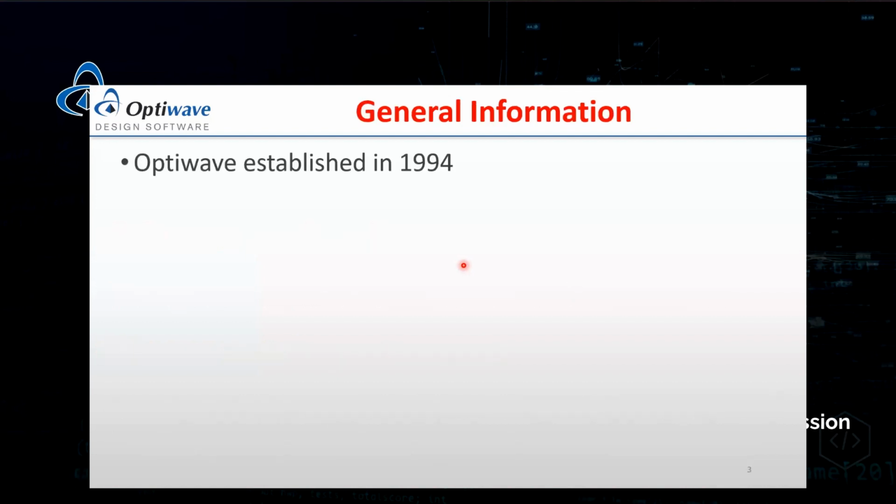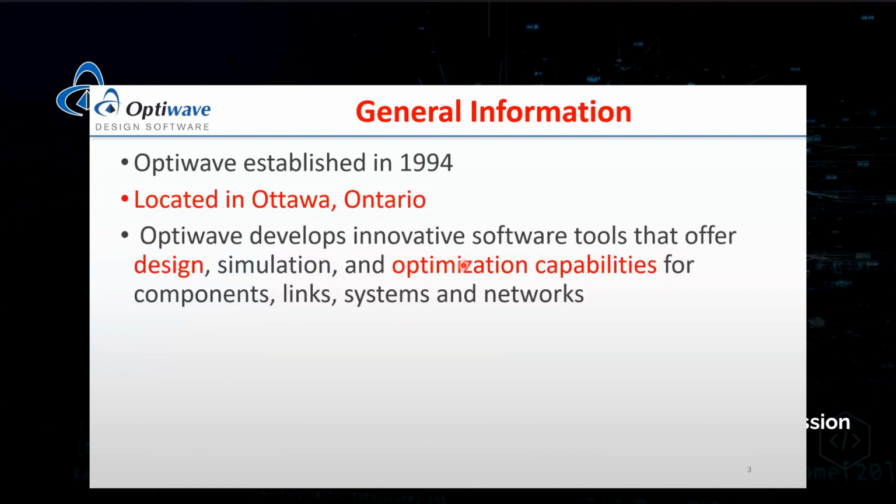Okay. So Optiwave was established in 1994. It's located in Ottawa, Ontario. And Optiwave, as you know, develops software tools for designing, simulating, and optimizing components, links, systems, and networks.